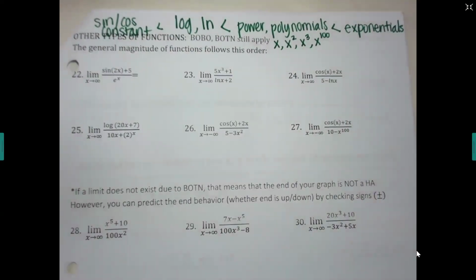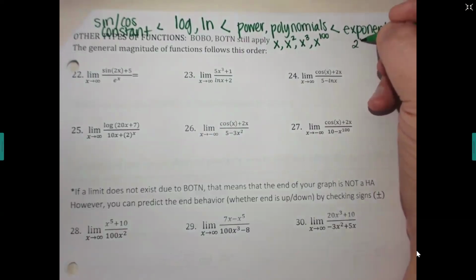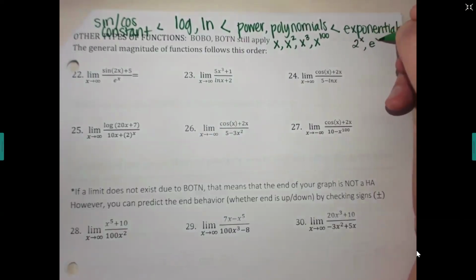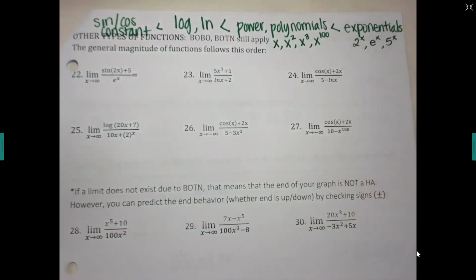Any of those count as powers or polynomials because your x is the base. An exponential is when the x is up top as the exponent. So it would be like 2 to the x, e to the x, 5 to the x. Any of those count as exponentials.